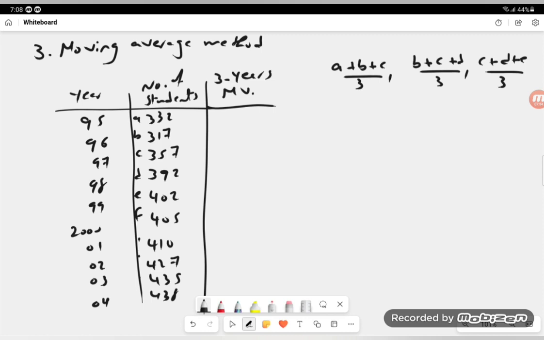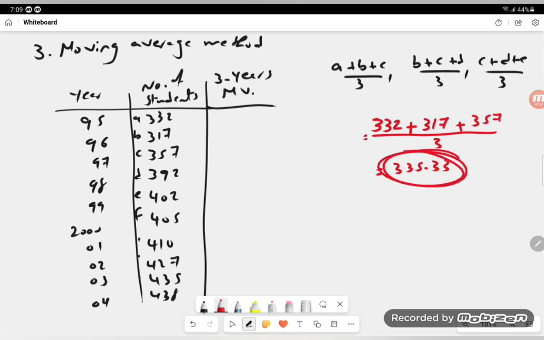So here in our example, we would like to calculate for the first 3 years. So it's going to be calculated as A, which is 332, plus B, which is 317, plus 357. So this is the first moving average, over 3, equal to 335.33.